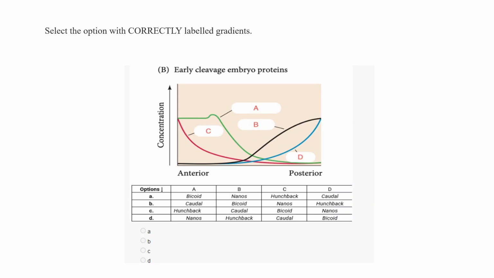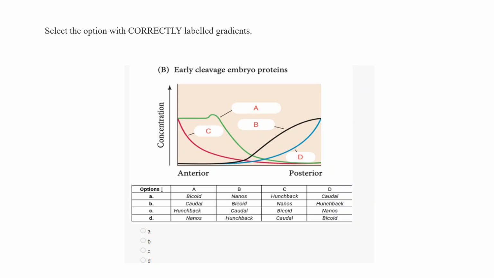For example, if I take bicoid, you have to tell which factor's concentration is high at the anterior and decreases towards the posterior.